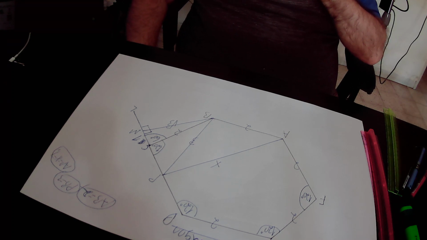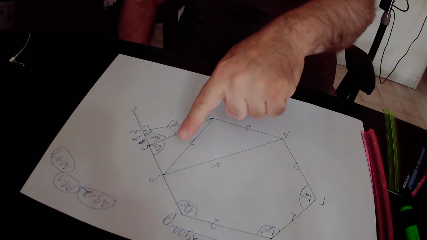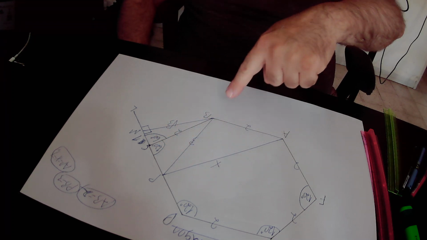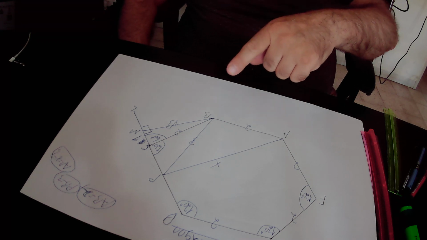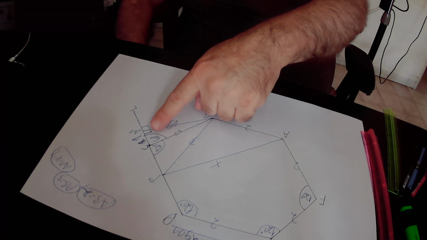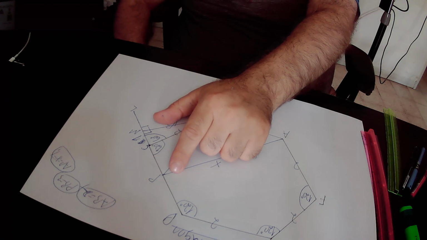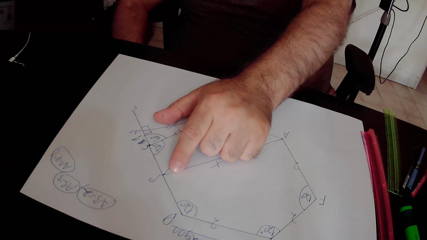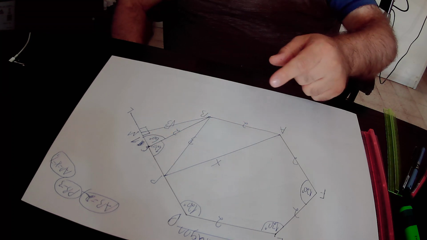In the next step, we will focus on the right triangle PMB. This angle equals 90 degrees according to our construction. The length of PM equals PC plus CM.